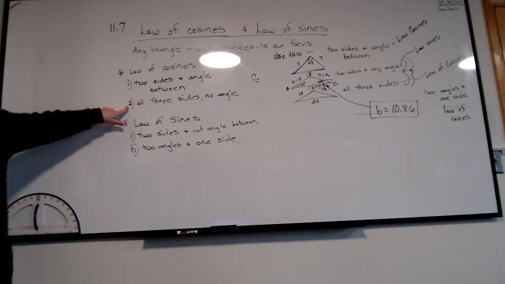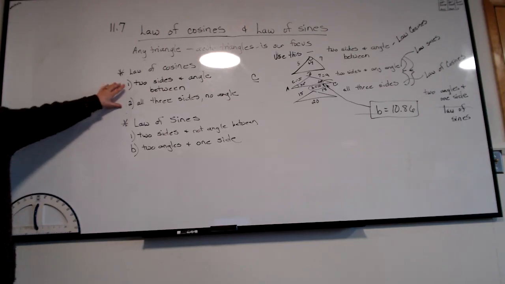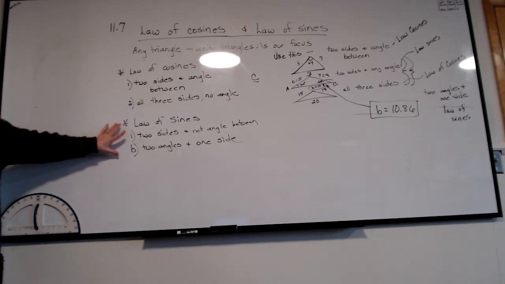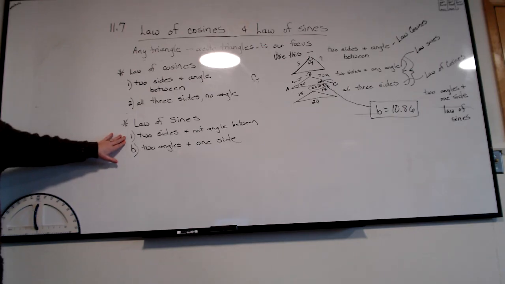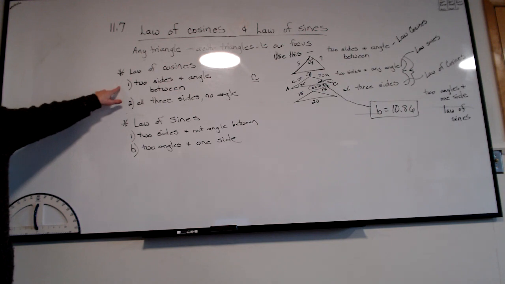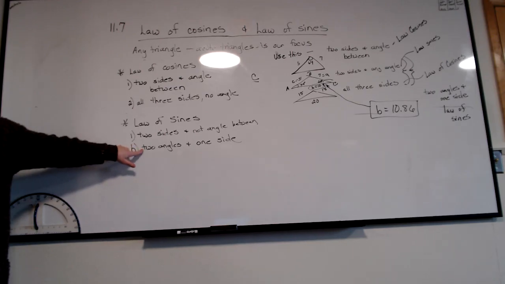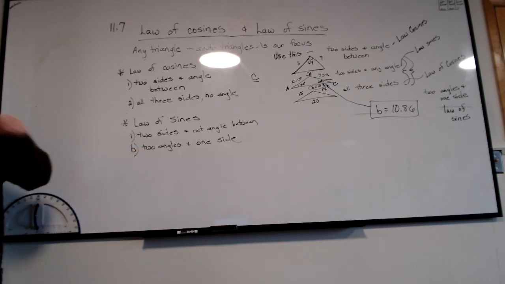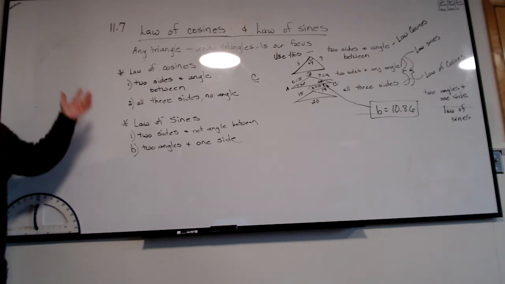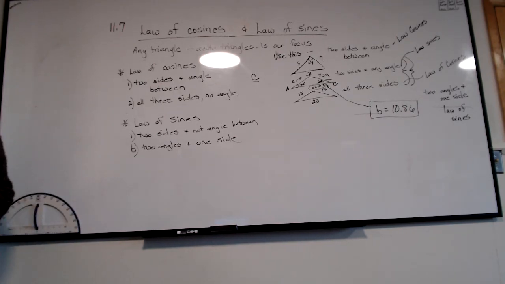Once you get other information from law of cosines, you can go to law of sines to find all the rest. So anytime I have two sides and not the angle between them, or two angles and one side, because there you really have three angles, those are the times when you use these specific things.